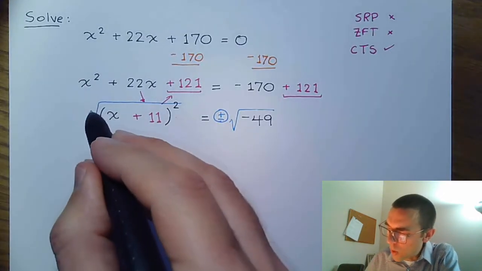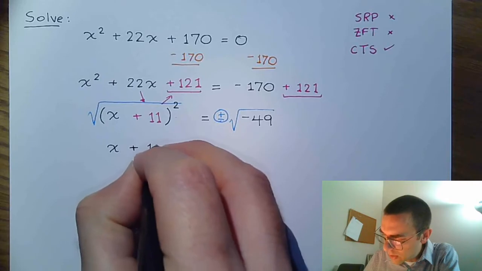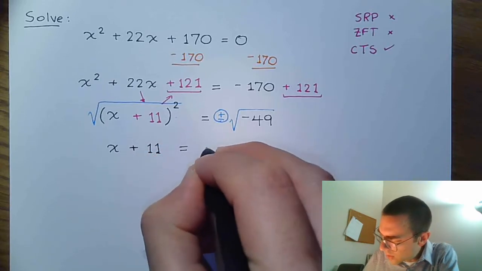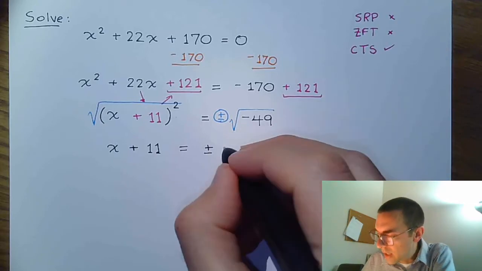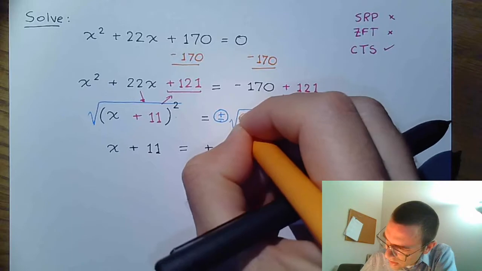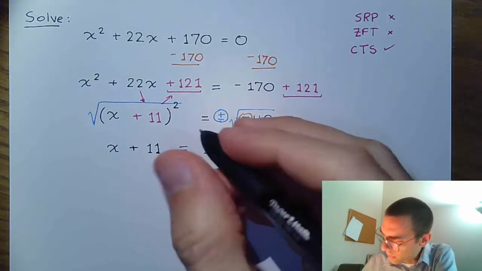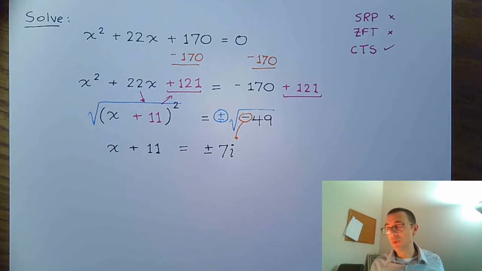On the left side, the square root and the square cancel each other out, so to speak. On the right side, we have plus or minus. The square root of 49 is 7, and the negative inside of that radical becomes i on the outside. So yes, we're going to have answers that are imaginary.